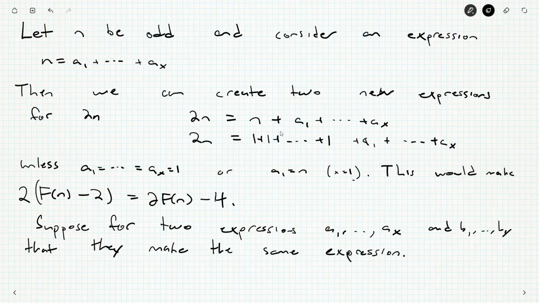So we claim that we create two new expressions. I need to actually show that the n plus the a1 up to ax's, and the 1 plus 1 plus 1 plus the a1 up to ax's, that these really are unique. They have to come from a1 up to ax. They can't come from another sequence b1 up to by. So we're going to show that if these expressions are the same, then the b's and so forth are the same.